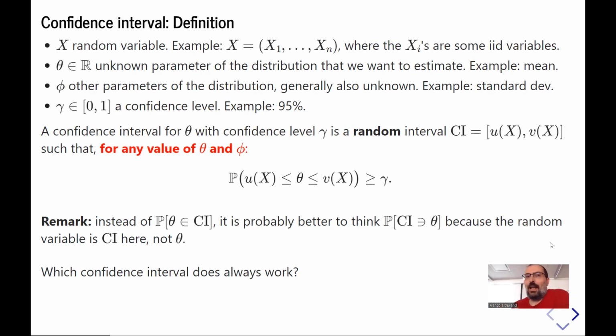So, as you probably noticed, I didn't say the probability that theta is in the confidence interval. I said the probability that the confidence interval contains theta. It's exactly equivalent, but it's interesting to think of it that way because in the frequentist interpretation, theta is fixed. You don't know it, but theta exists somewhere, and you simply don't know it.